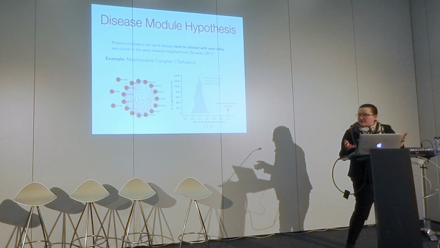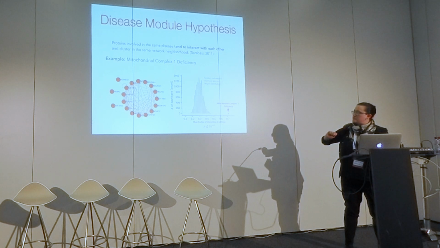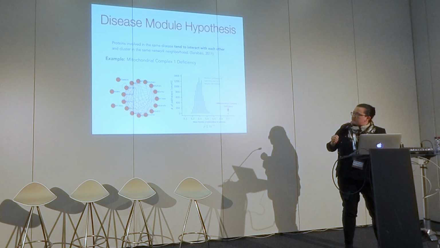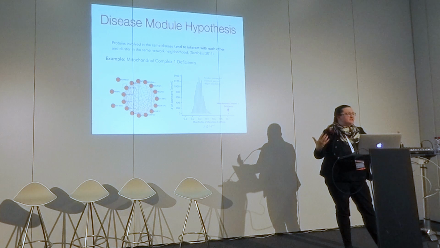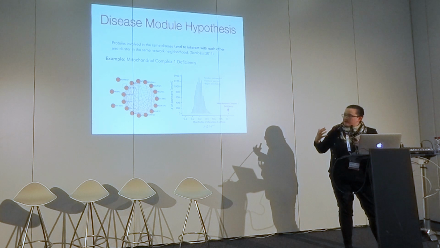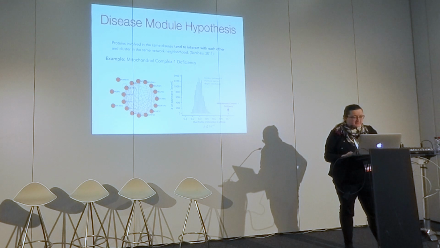And you see that they are very tightly interconnected with each other. It's almost a clique. And actually, if we do statistical tests, we see that they are substantially more strongly connected than what we would expect by random chance. It's very unlikely that just by random chance those disease proteins would be so tightly coupled to each other.